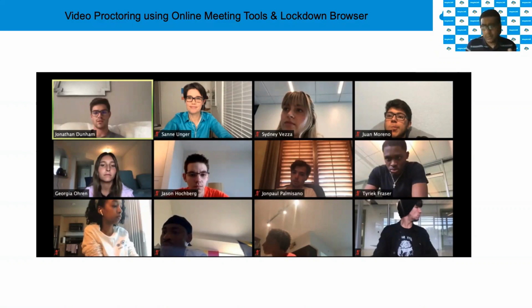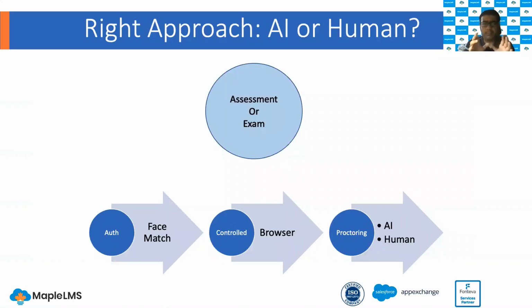But just to answer your question, a typical journey is: the user comes to the platform, does a face match, gives an exam in a controlled manner, and then there is proctoring, whether it is AI-based proctoring, just human proctoring, or a mix of AI and human proctoring. That approach is recommended while conducting the exam.